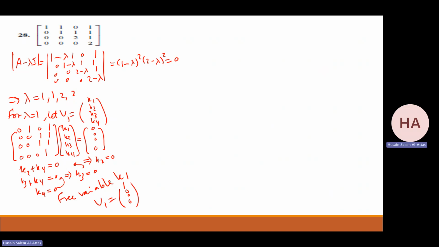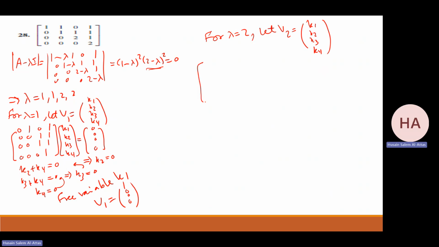But to be more sure, let me do the other one. For lambda equal 2, I'm expecting at most 2 eigenvectors, so it will be 3 in total. So A is not diagonalizable, but for completion, let me do lambda equal 2. See what will happen. I let V2 be K1, K2, K3, K4.